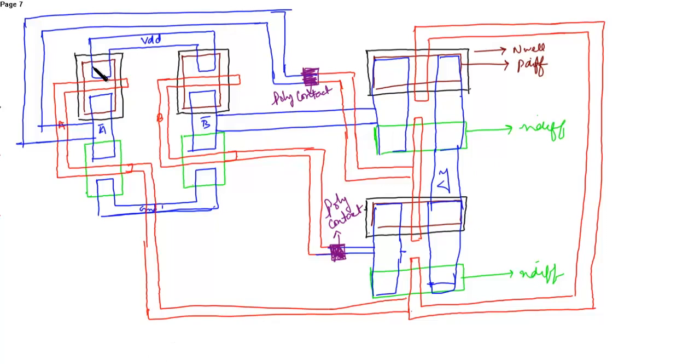Now we have to place the contacts. This is P diffusion contact. This is N diffusion contact. This is again P diffusion contact. This is N diffusion contact.